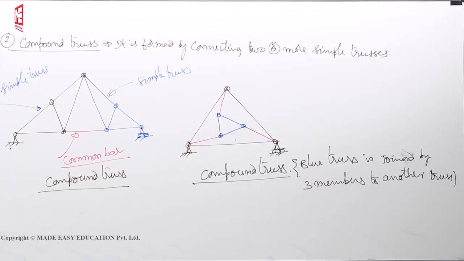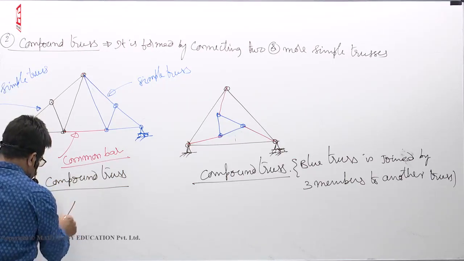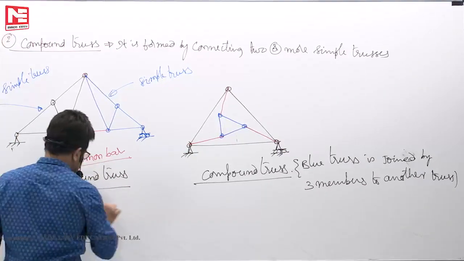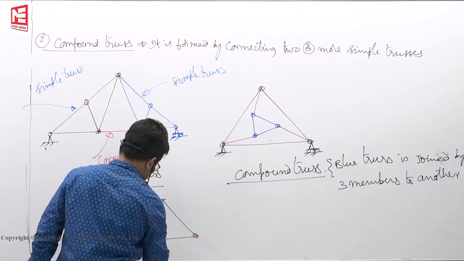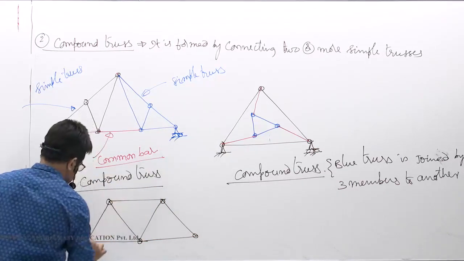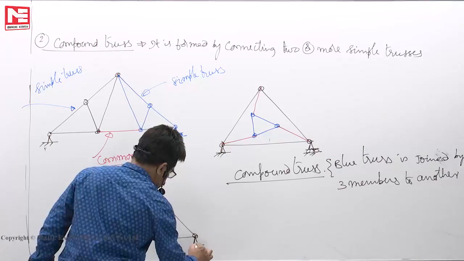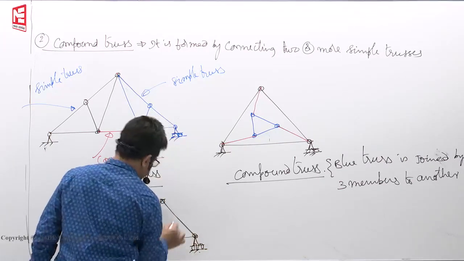Next, third one, large trusses. Supposing that I will draw here itself. We have a very big truss like this, say. This is actually the truss. This is the main truss.